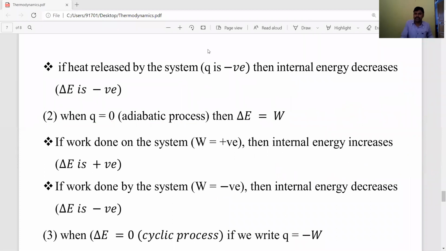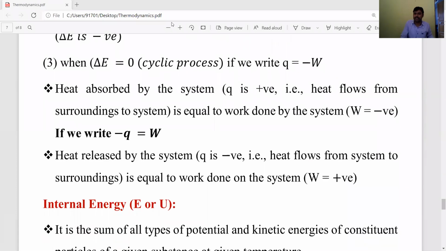If delta E is zero, internal energy change will become zero, dear students, in a cyclic process. If delta E is equal to zero, then what is the relation between Q and W? Negative relation. Q is equal to minus W, or minus Q is equal to W, like that we can write.